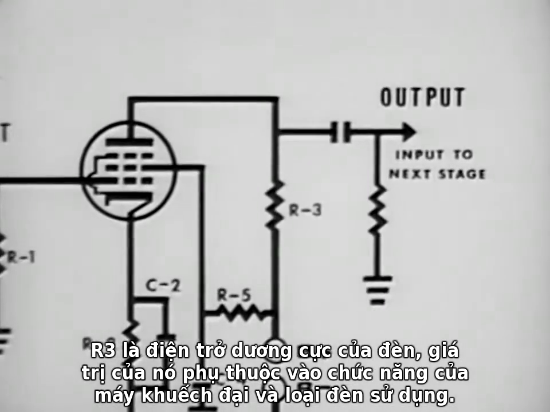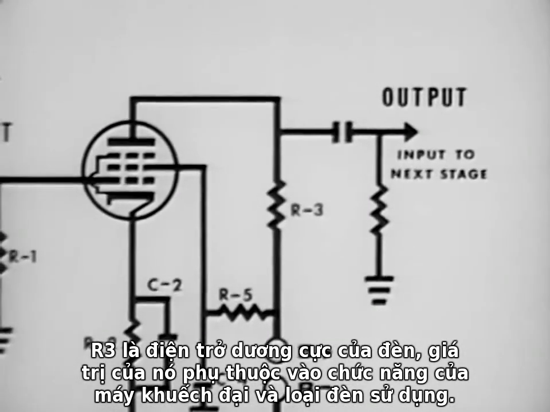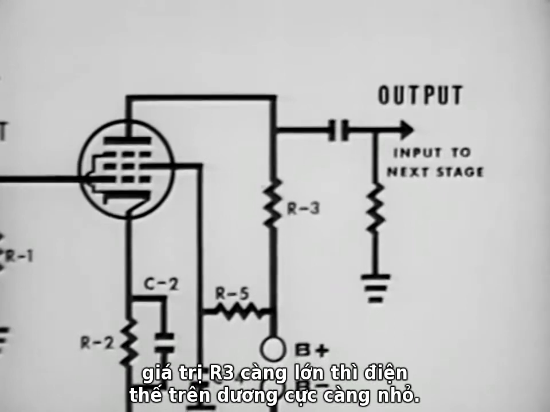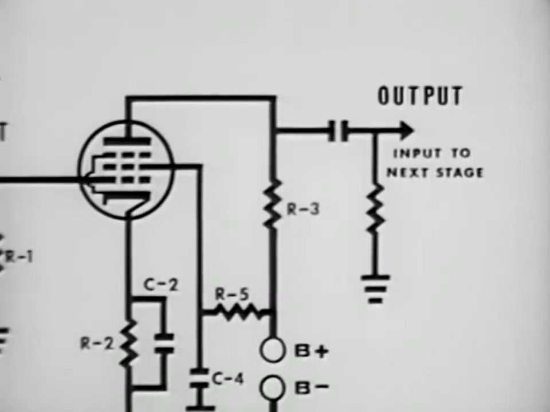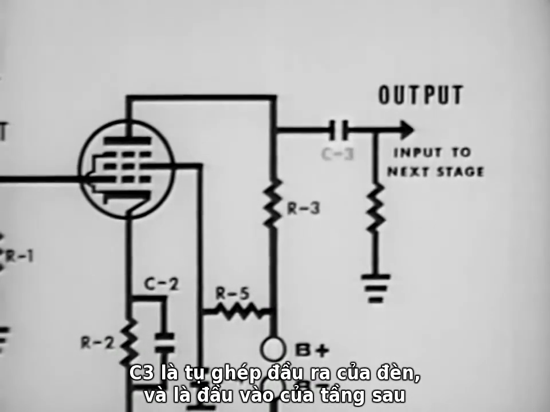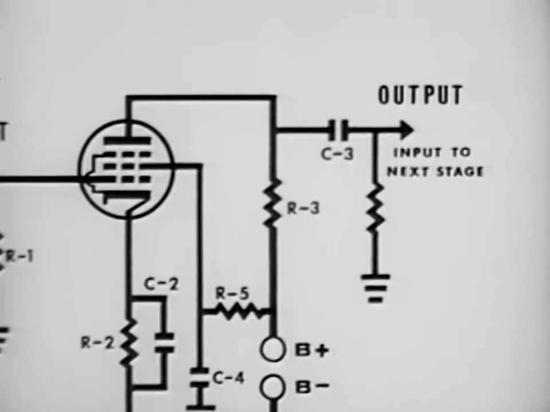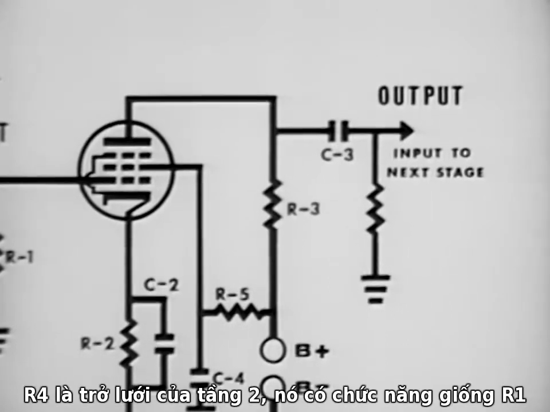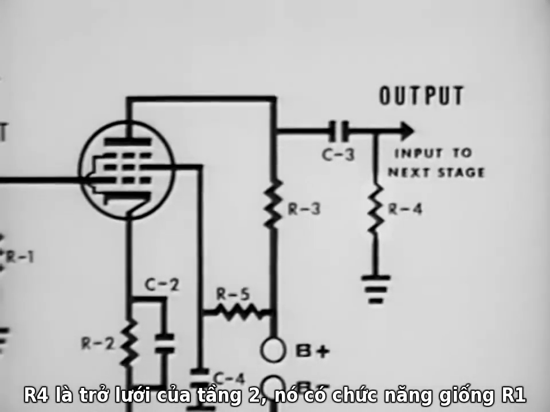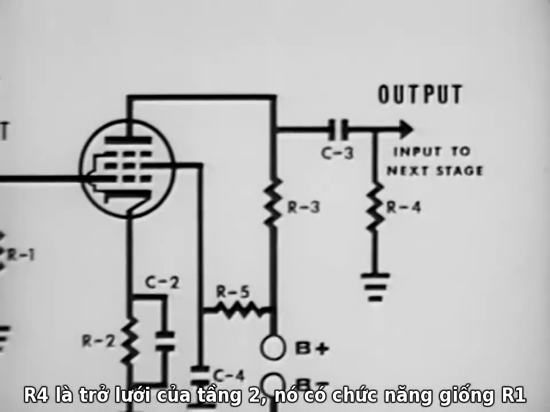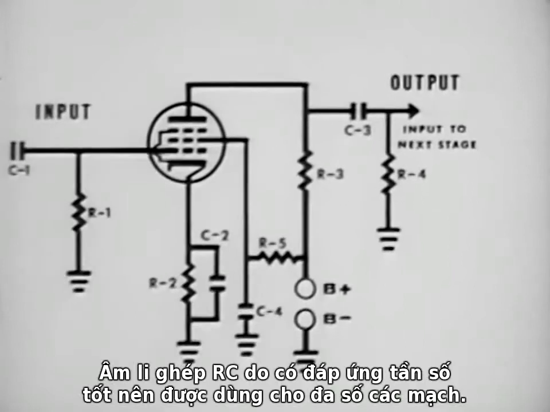Its value depends on the function of this amplifier and the type of tube used. The larger the value of the load, the lower the voltage on the plate. C3 is the output coupling capacitor for the tube and the input to the following stage. R4 is the second stage grid resistor and performs the same function as resistor R1.